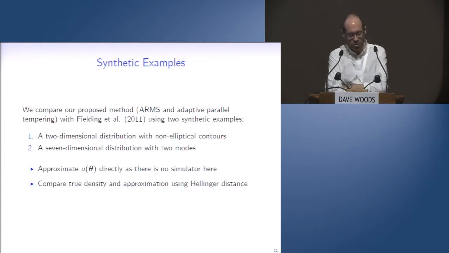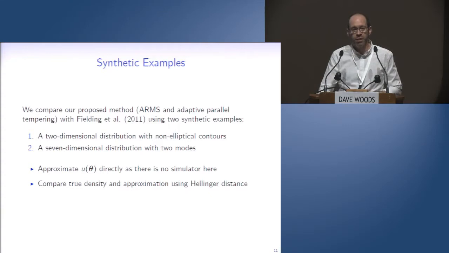The first is a two-dimensional distribution with sort of banana-shaped contours, and the second is a high-dimensional example which has two distinct modes. Now, there is no simulator in these artificial examples. There's only the density, so we will here approximate the log posterior directly, although when we come back to our stem cell example, we will emulate the simulator.